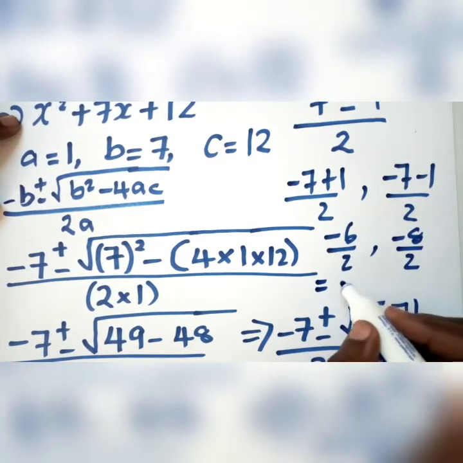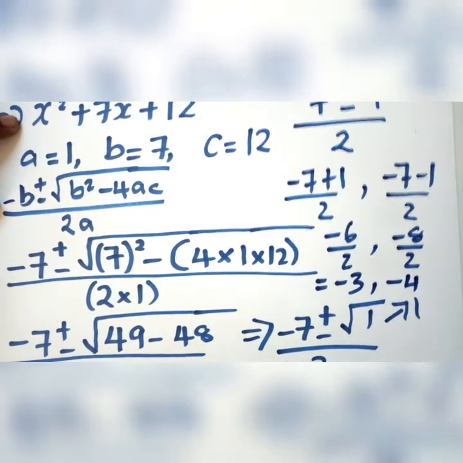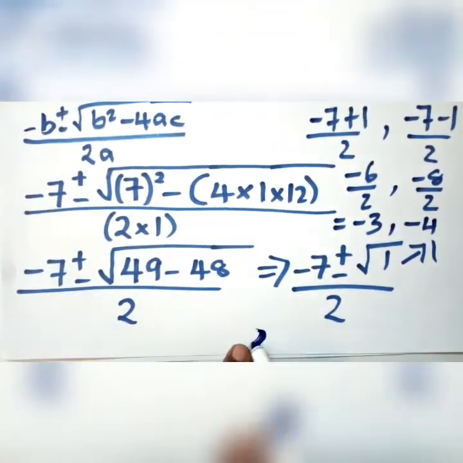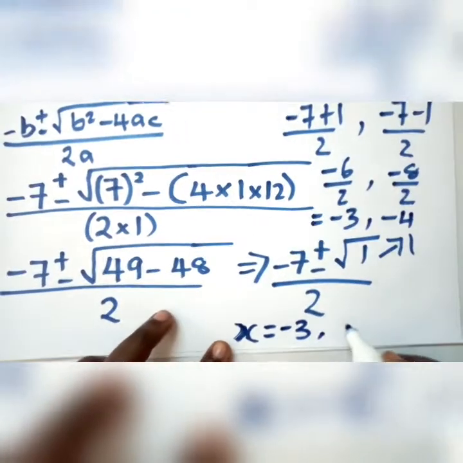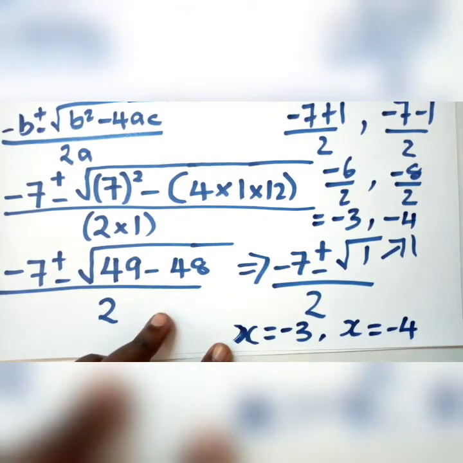So here we get minus 3, and the other option is minus 4. In conclusion, we have x equals minus 3 and x equals minus 4. Those are our two values.